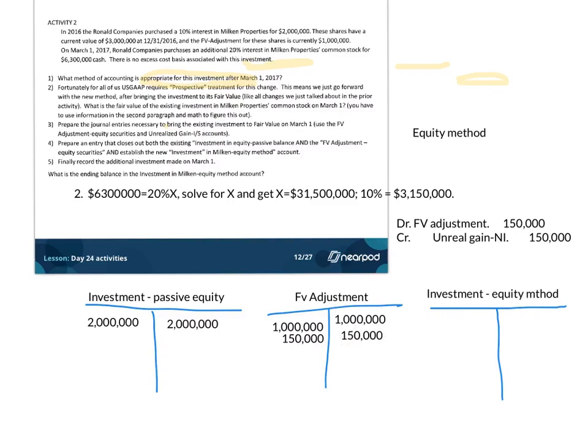Okay, now you can see I've wiped those two accounts out, right? Credit 2 million, credit 1,150,000. The other side of the entry, guess where it's going to go? It's going to go right here. 3,150,000.